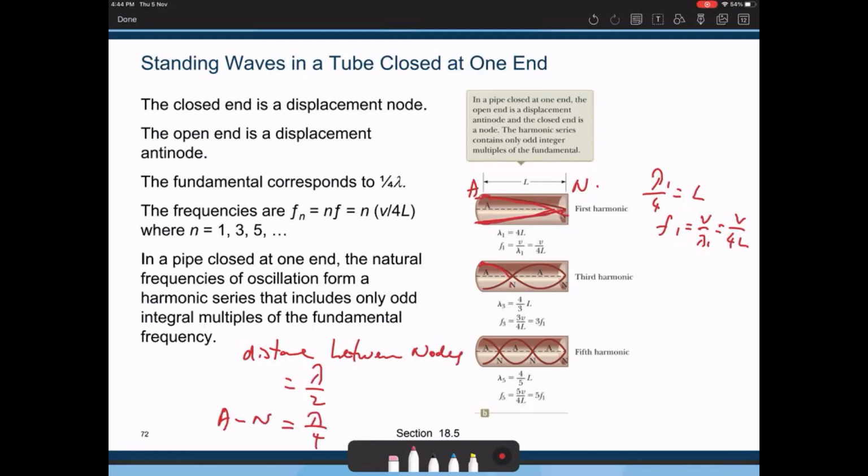So when you put the node inside, you would automatically introduce another antinode. So the whole length of the tube would now be equal to what? This is lambda over 4, and this is lambda over 2. So altogether, it would be 3 lambda 2 over 4.